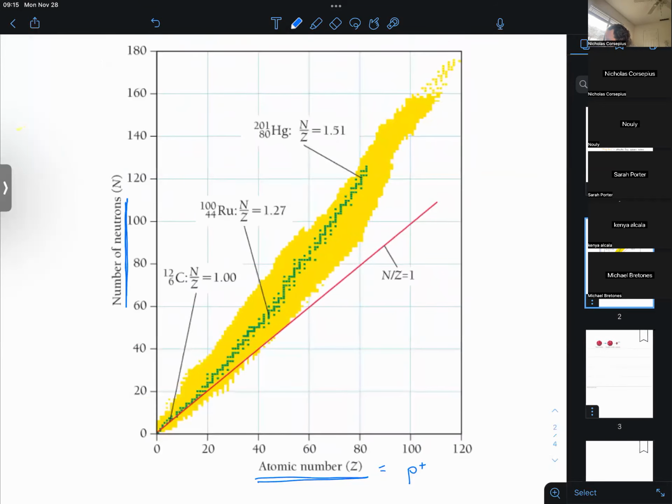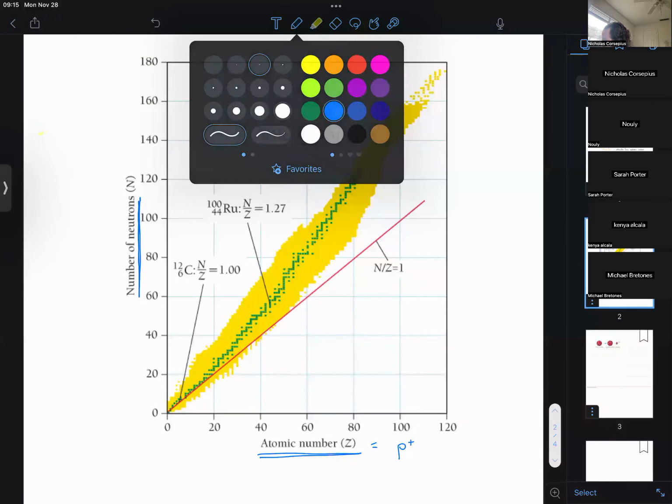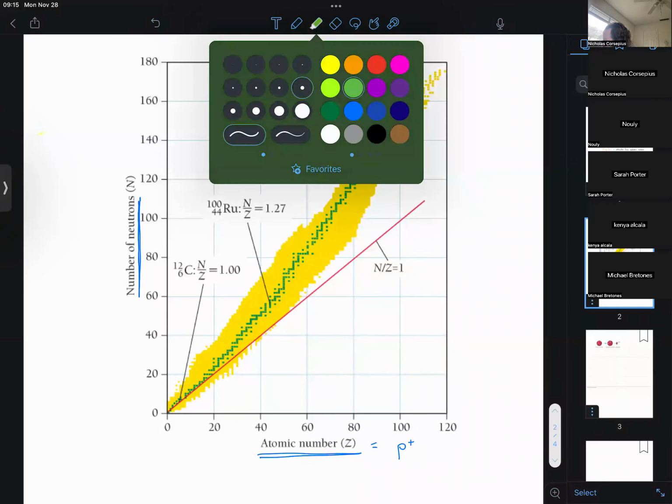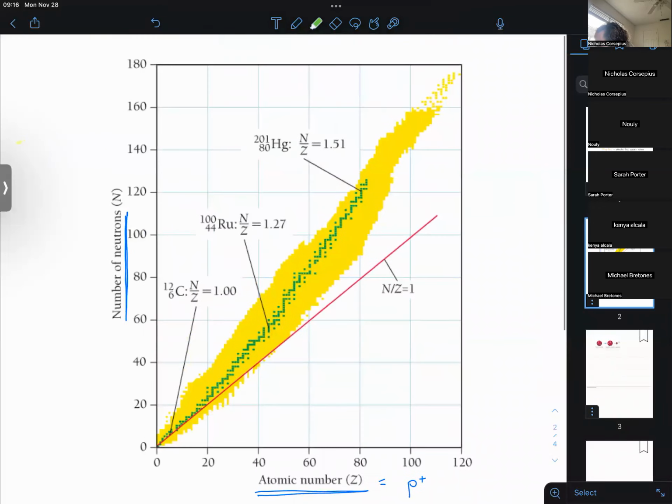So we can see, first of all, that our very small elements, well, actually, let's pick apart what these dots mean first. So in green here, we have all the stable nuclides, right?